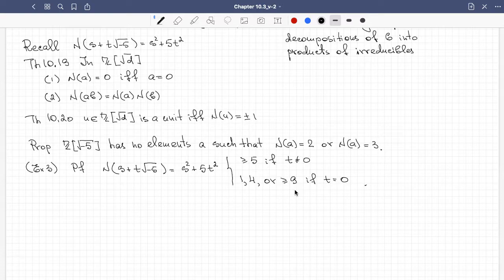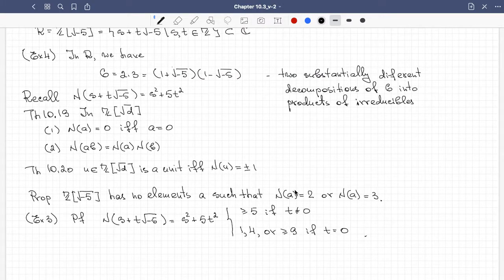And now I want to check that these two decompositions of 6 are substantially different. Well, first of all, I want to check that these are indeed decompositions into products of irreducibles.